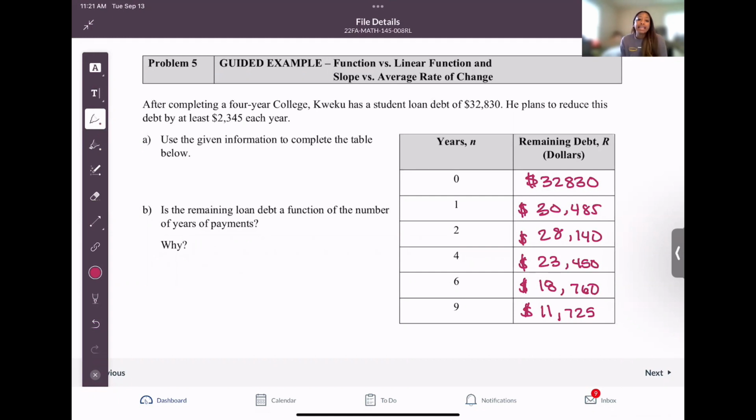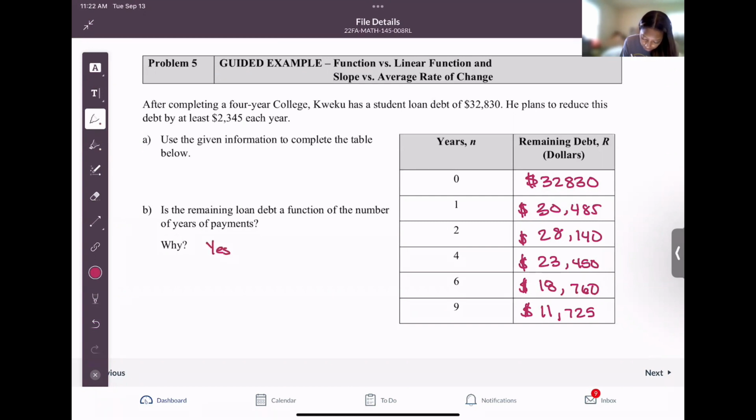We did that. Is the remaining loan debt a function of the number of years of payments? Why or why not? When you're asked that, you want to ask yourself the question, does the remaining debt depend on the number of years of payment? Yes. And does each year correspond to exactly one amount of debt remaining? And the answer is yes.